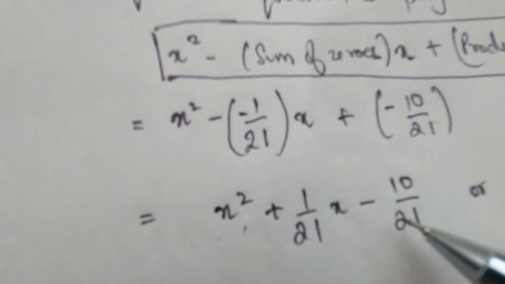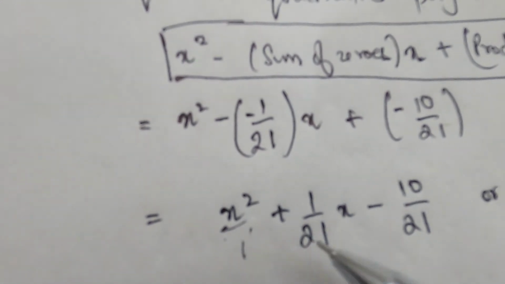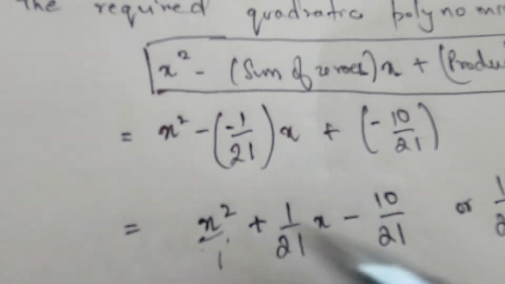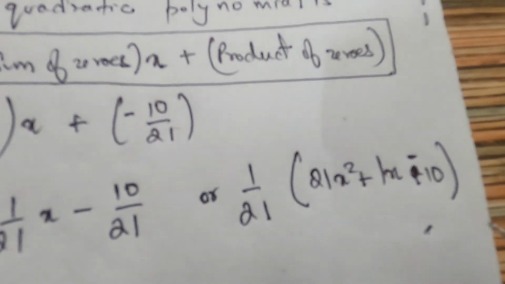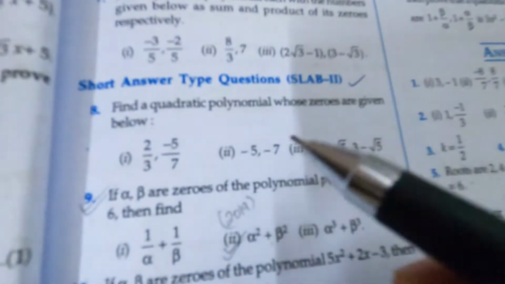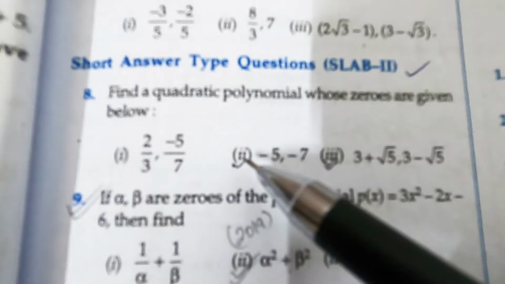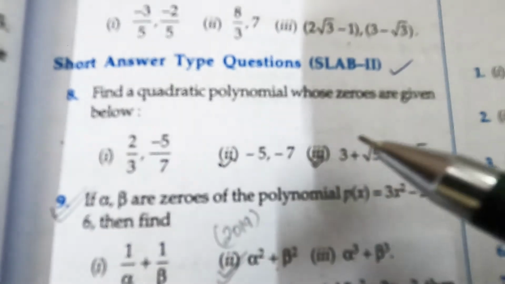Because when we took the LCM, so here it will be 1. This is very simply due to LCM. So this will be your answer. For question number 2 and number 3, you will do it by yourself. Question number 2 came this year for 3 marks. It is very easy.